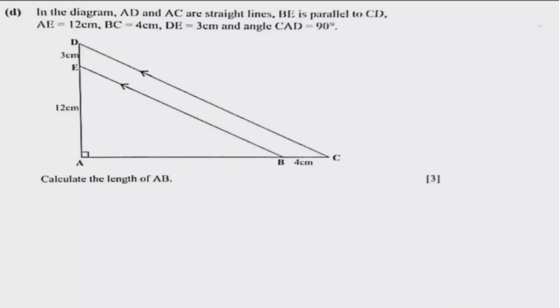So we can come up with a proportion expression that is like this. The reason I'm coming up with such a proportion expression is because I know that these triangles are similar. That means they have got the same ratio, so the corresponding sides have got the same ratio.